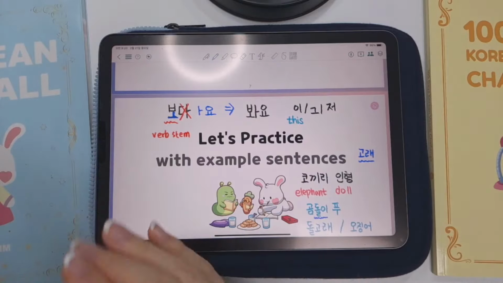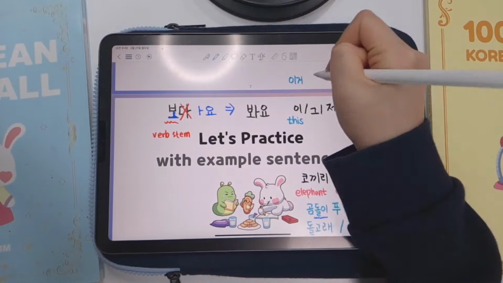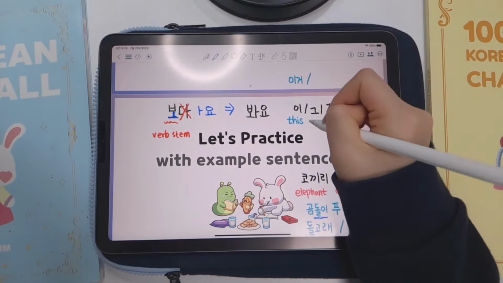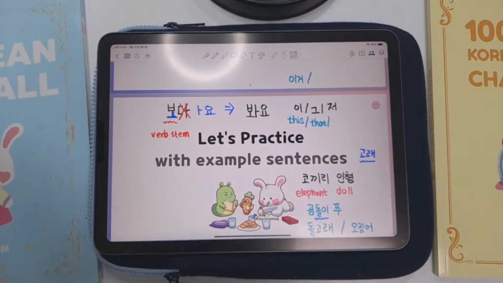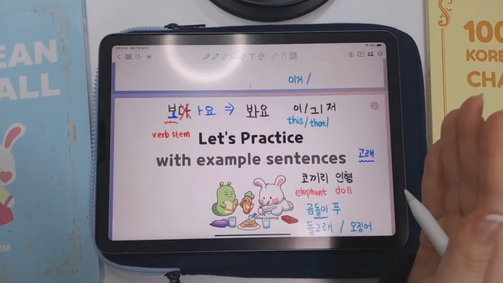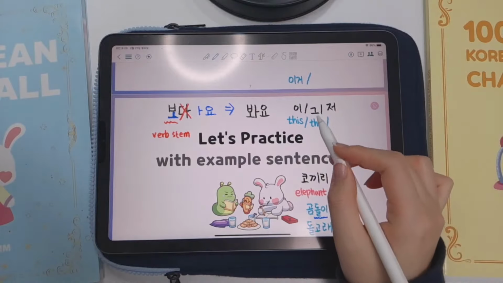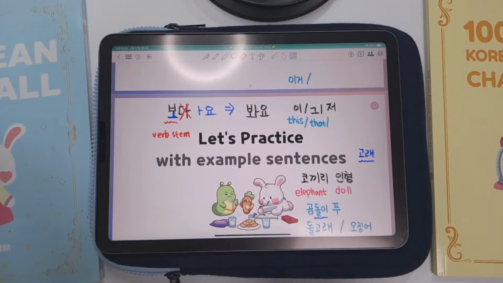Like 이것, right? 이것. And what is 그? 그 is for that, which is closer to the listener and far from the speaker.